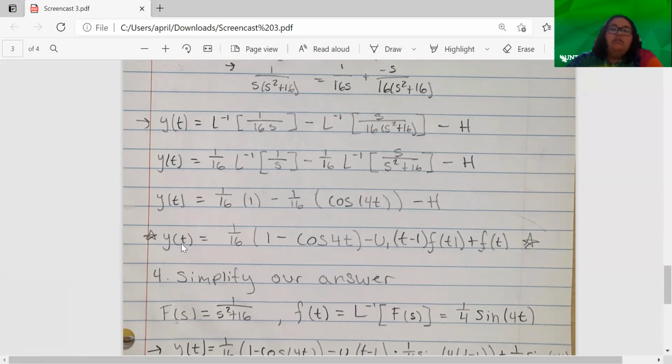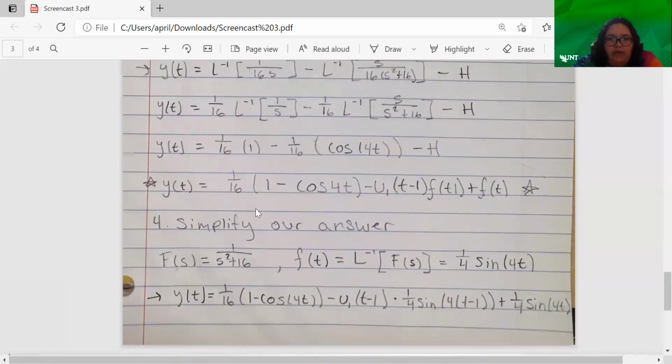We have y of t equal to 1 over 16 times 1 minus cosine of 4t, minus the unit step function u of t minus 1 times f of t plus f of t.